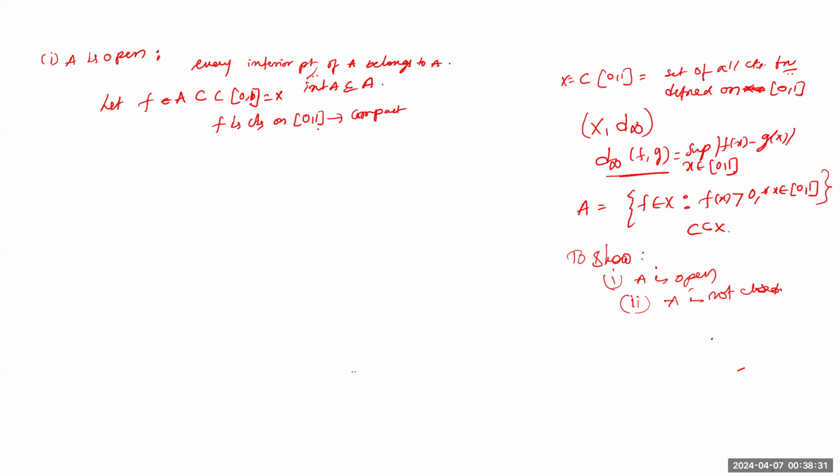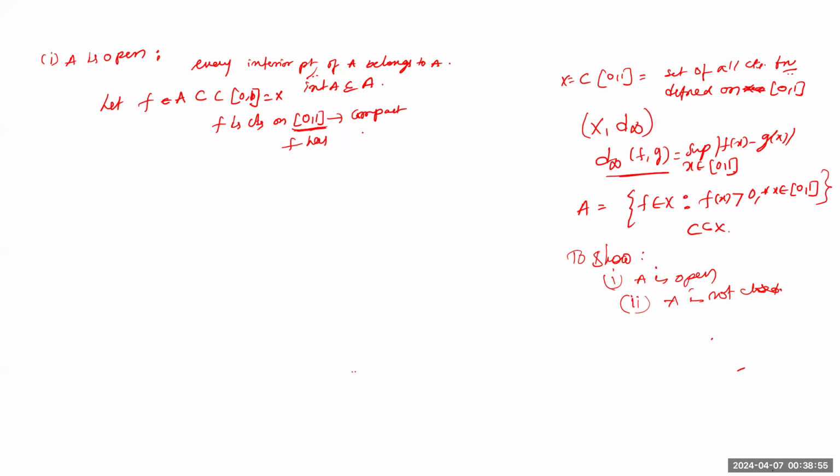Once a continuous function is defined on a compact set, it attains a maximum and minimum; that is simply, f is a bounded function.